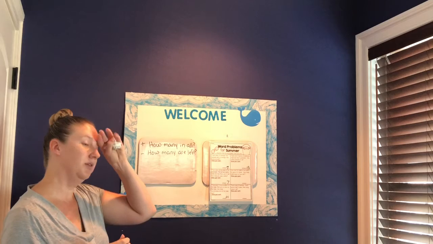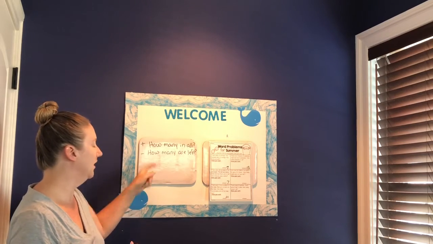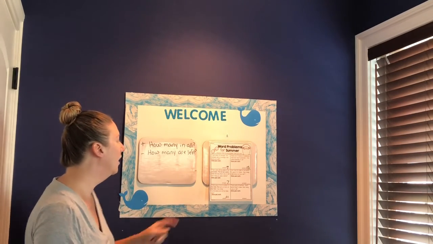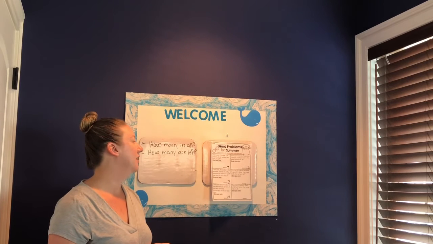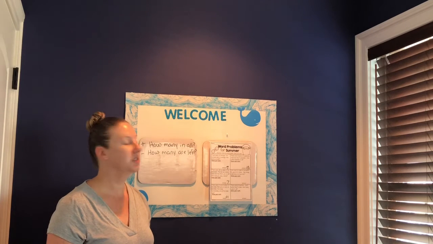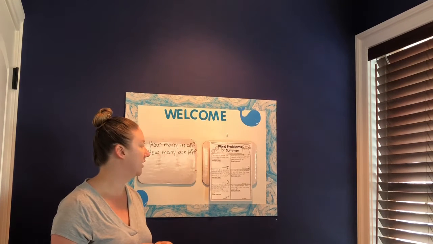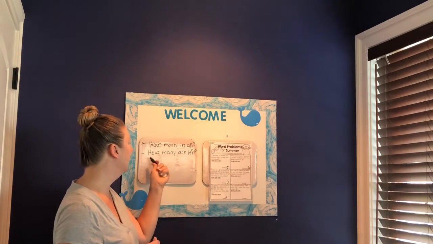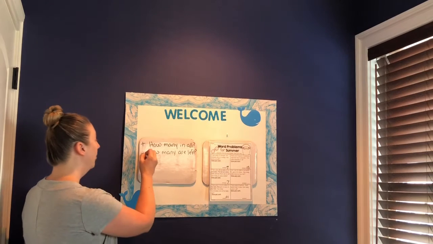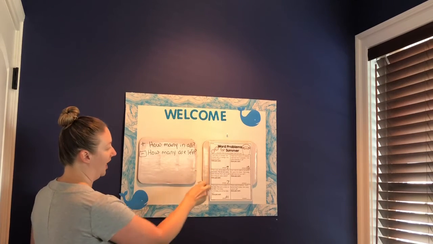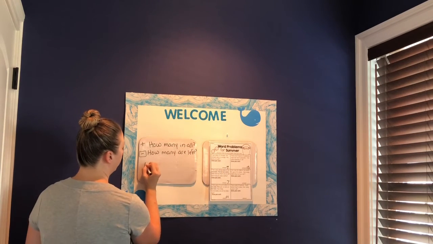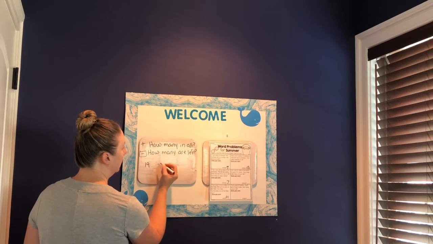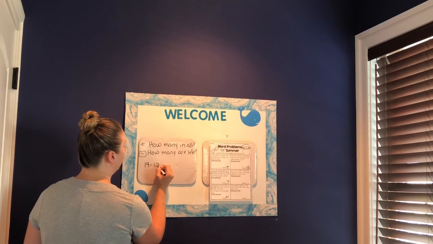Let's take a look at a couple of examples using these questions. First, we have: there were 19 hot dogs. The campers ate 12 hot dogs. How many are left? So that last sentence asks us how many are left. We know we need to subtract. In subtraction, we start with our bigger number, 19 minus 12.